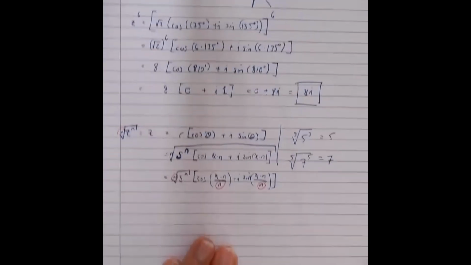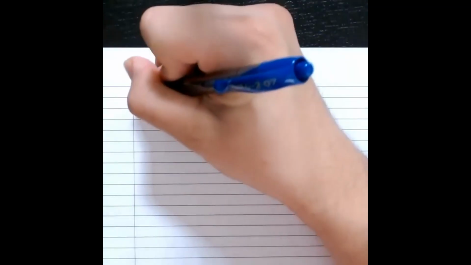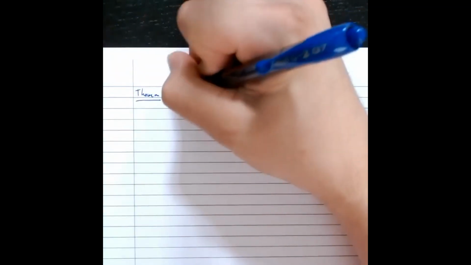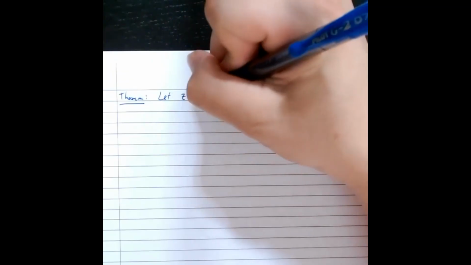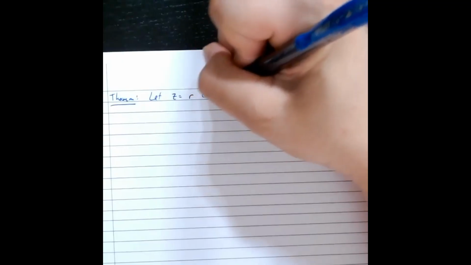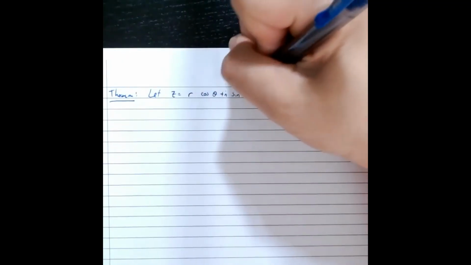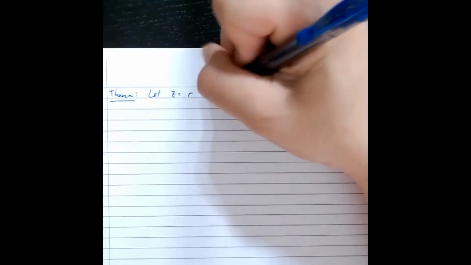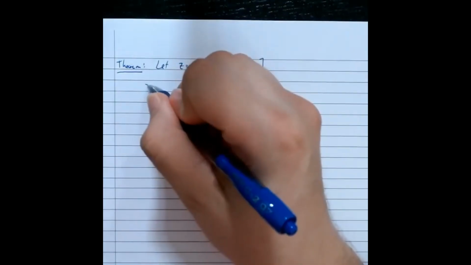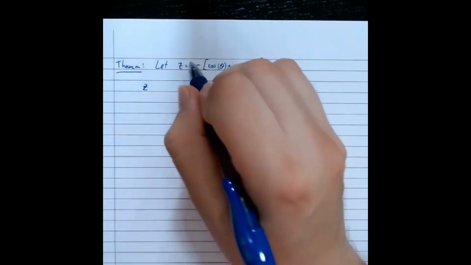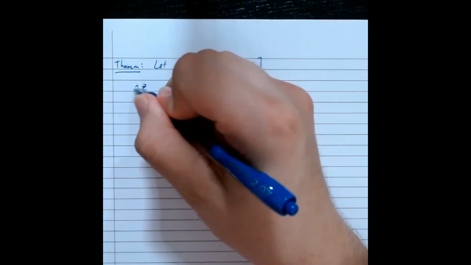So that brings us to what's called the nth root theorem. So here's the theorem. Go ahead and let z be given by r cosine theta plus i sine theta. This is just the counterpart to de Moivre's theorem. Instead of taking the nth power, let's say I take the nth root of z.